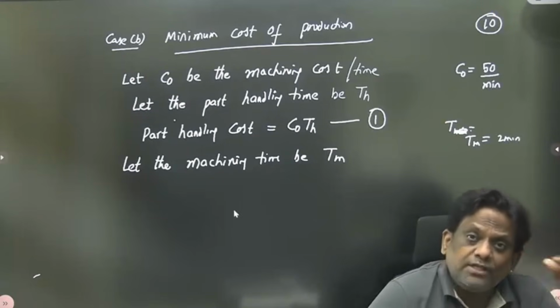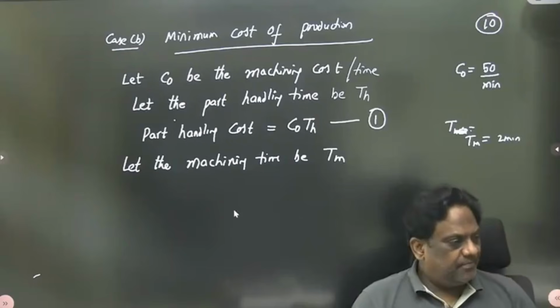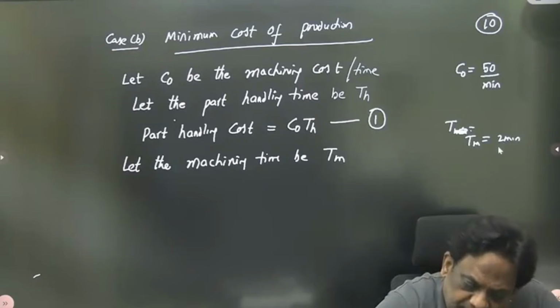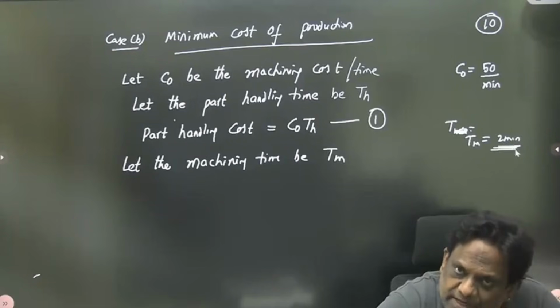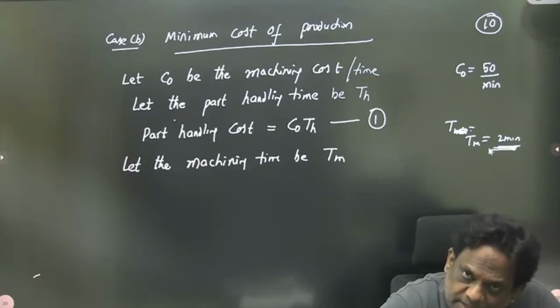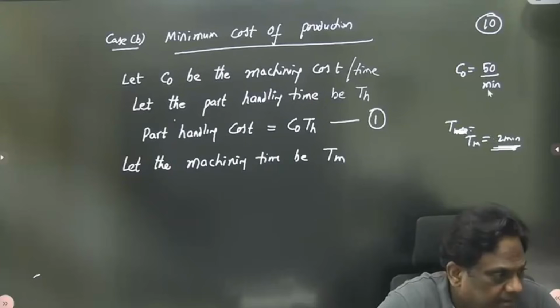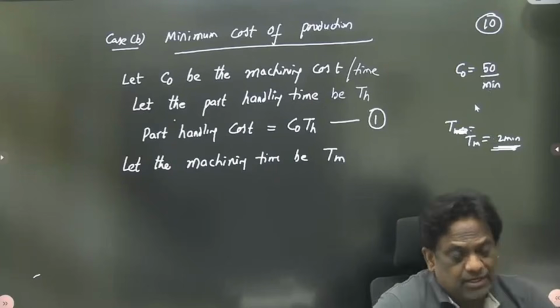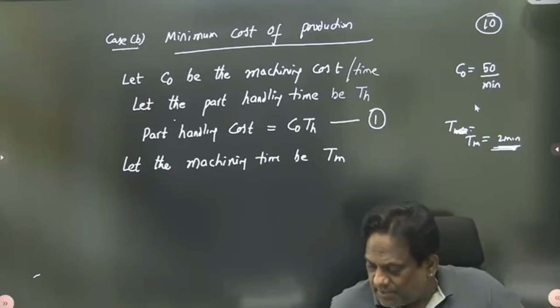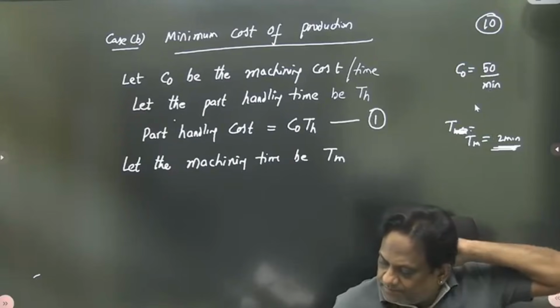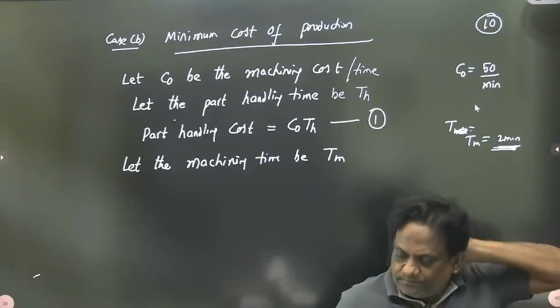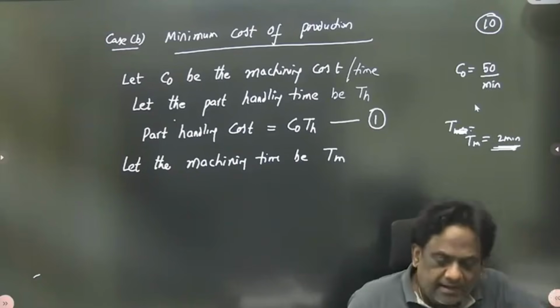It means what is the cost of machining? For one piece, it is taking 2 minutes. But the operator is charging 50 per minute. So how much is the machining cost? 100.